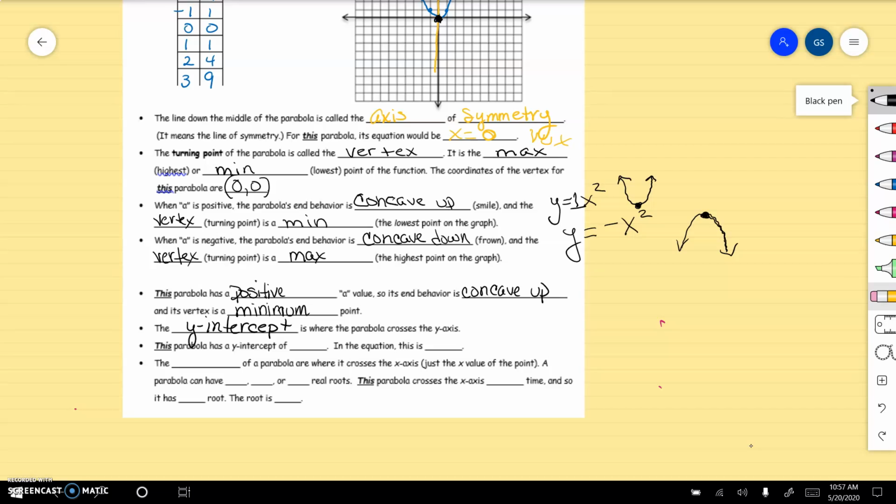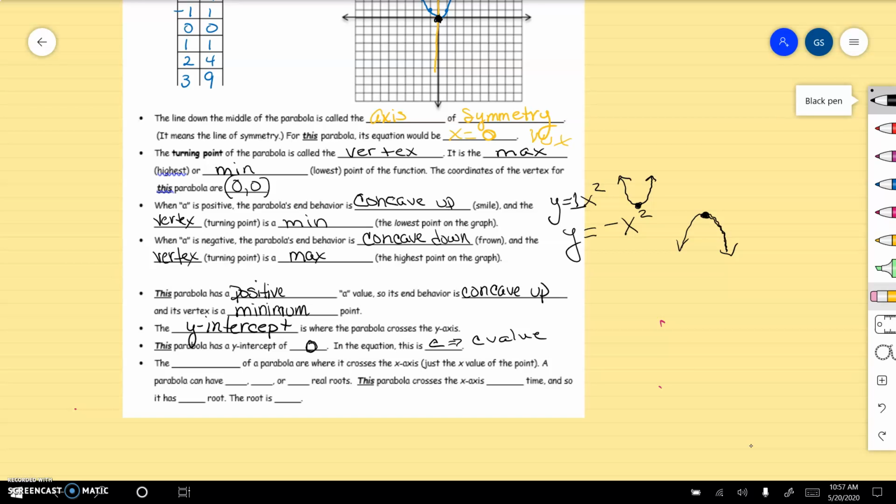So the y-intercept is where the parabola crosses the y-axis. This parabola has a y-intercept of 0. In the equation, it's called the C value, or the constant.